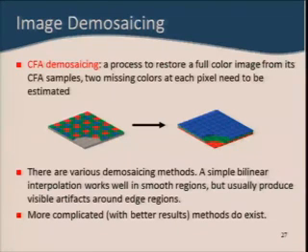If you want to recover the full color image, you must estimate the missing color. For example, for this pixel here, you need to estimate the missing blue and the missing red color, for you to reconstruct the whole image. That particular process of trying to estimate the missing color for each pixel is known as demosaicing.